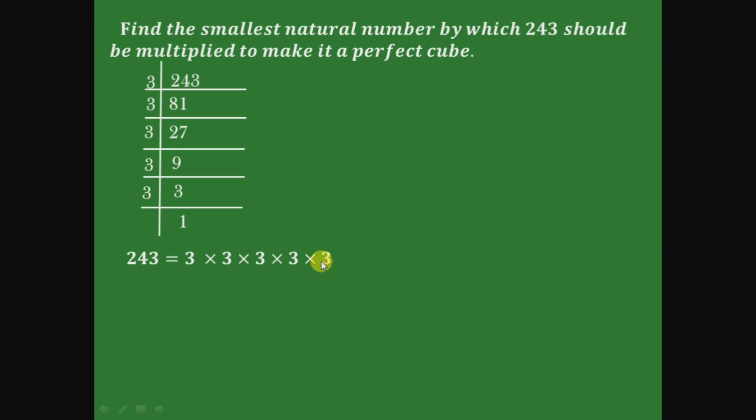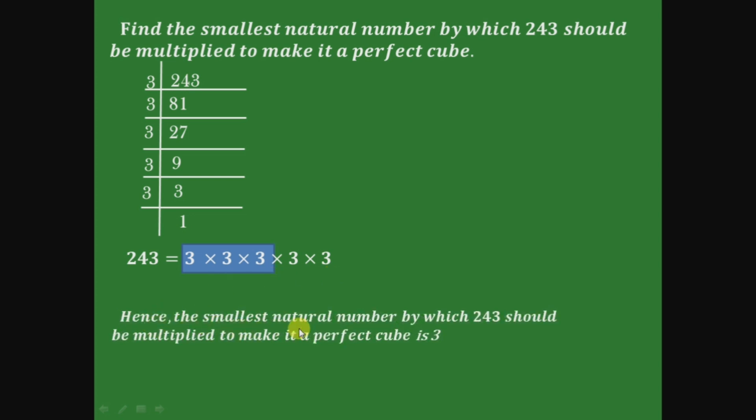We need to make groups of three similar numbers. 3 into 3 into 3 will repeat, but we find that there are only two 3s left. So to make a triplet of 3s, I need to multiply 243 by 3. Hence the smallest natural number by which 243 should be multiplied to make it a perfect cube is 3.